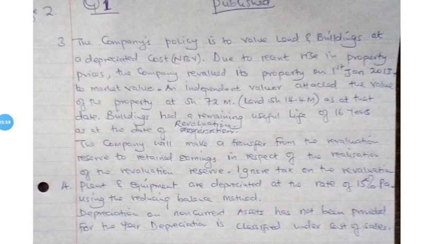So 57,600 divided by 16, I'm getting 3,600 per annum. So I can conclude that the depreciation for this year for the buildings is 3,600.